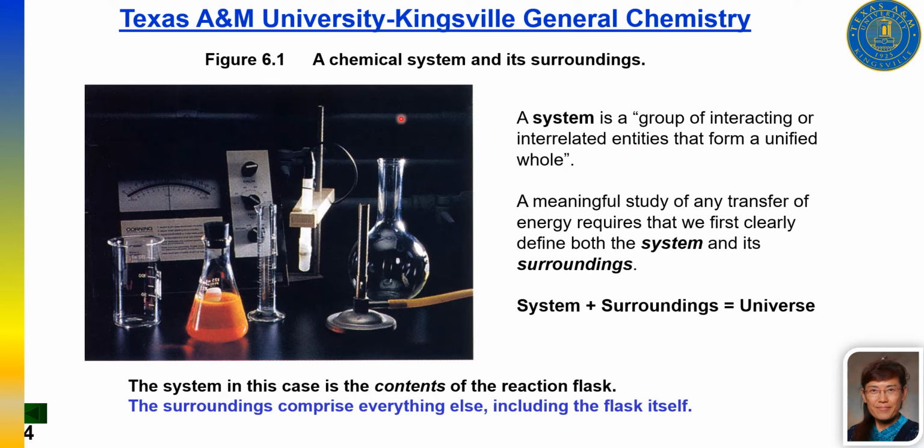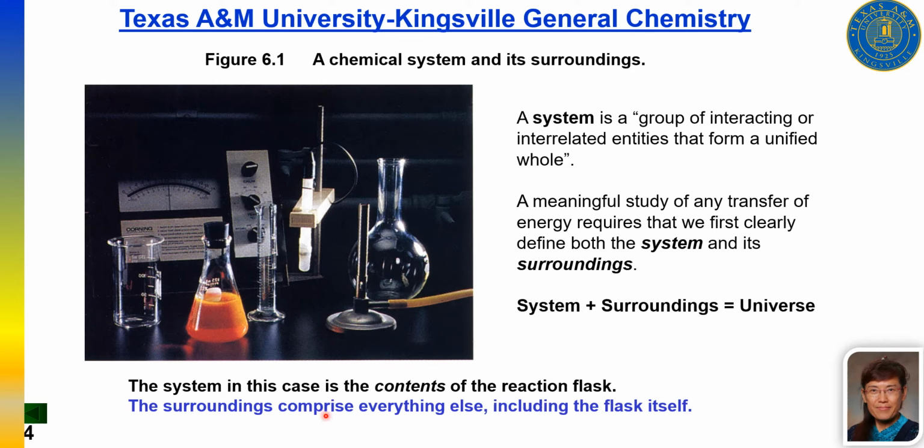In this case, your system is what you are going to study. So in this case it is your reaction Erlenmeyer flask and the aqueous solutions in this Erlenmeyer flask. Anything else surrounding this system, you call the surrounding.